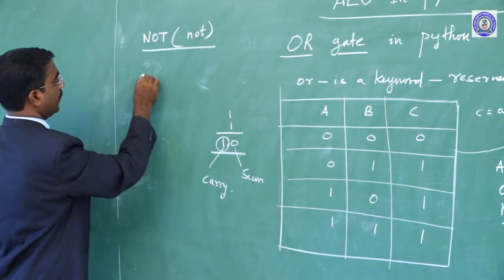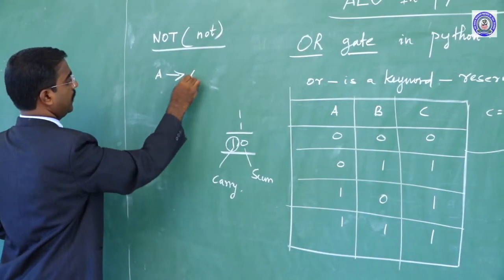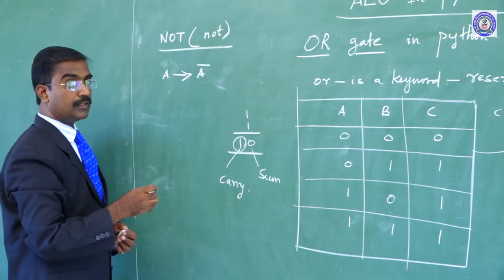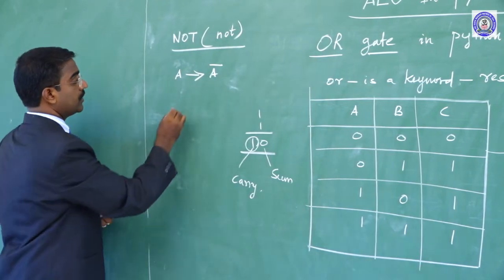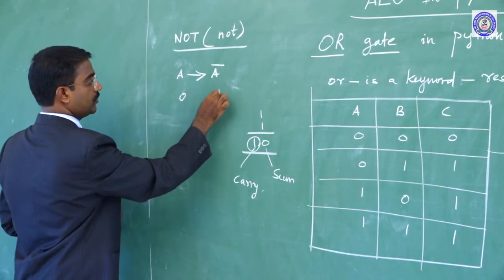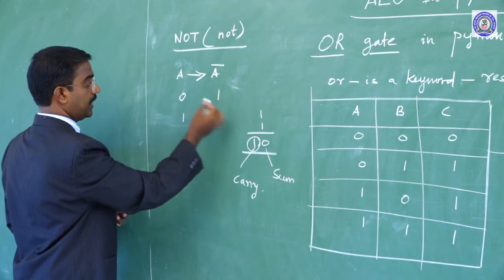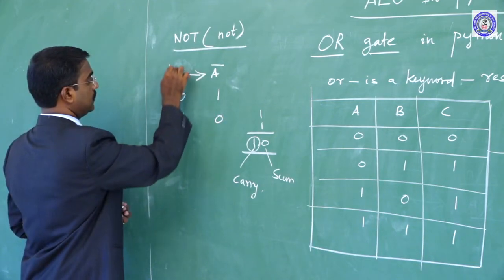Here A becomes A dash. This is only one input, so A 0 means A dash equals 1, and A 1 means A dash equals 0. This is the process.